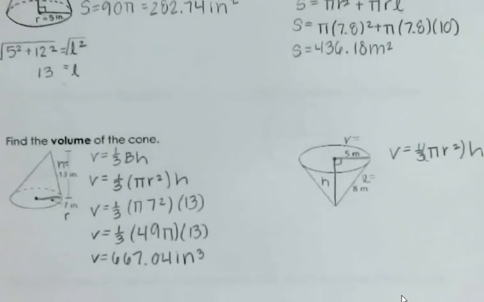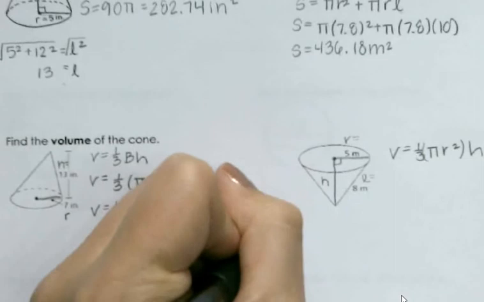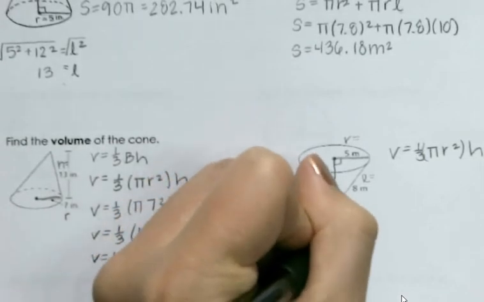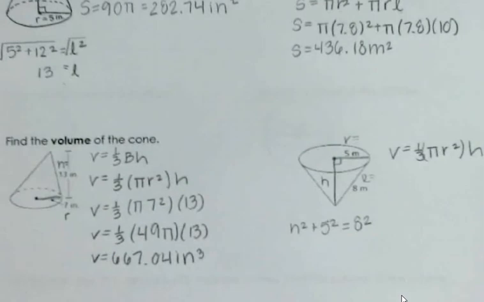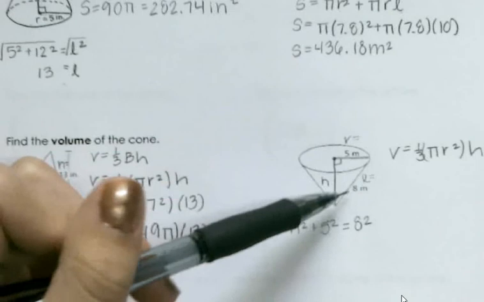So we want to use the Pythagorean theorem whenever we have two sides of a right triangle and we're trying to find the other side. So if you plug in what we know, we have h squared plus 5 squared is equal to 8 squared. Right, our 2 legs squared is equal to the hypotenuse squared.